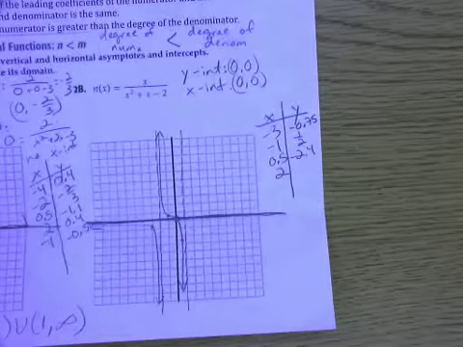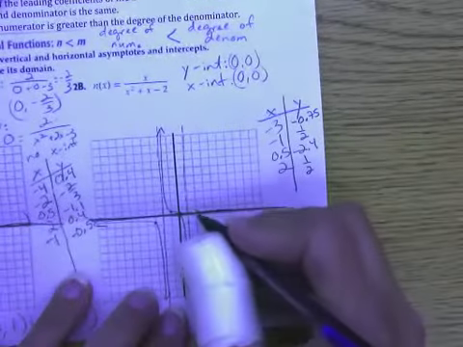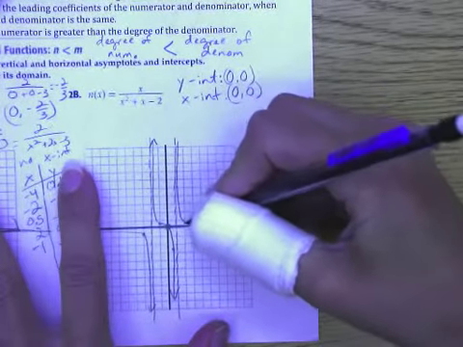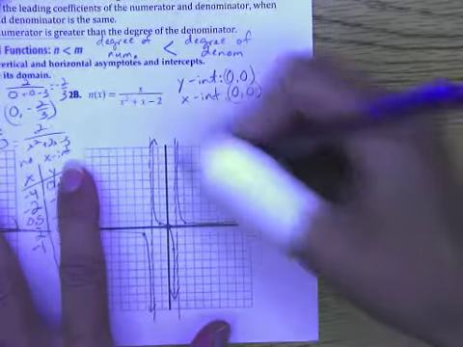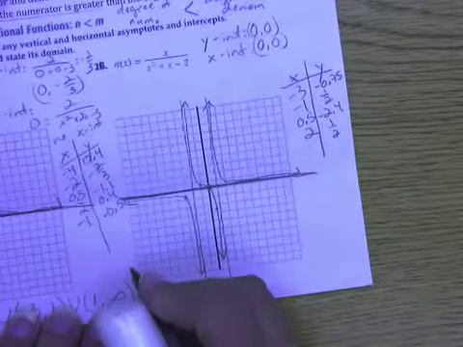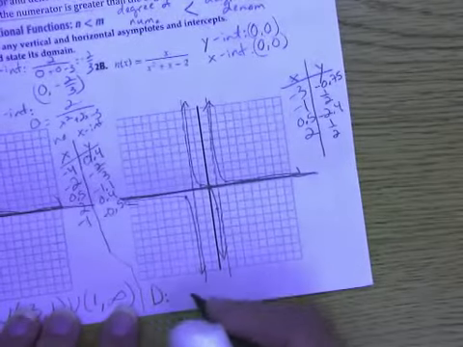And then finally I plug in 2. And that's 1/2. So 2, 1/2 is here. So hug the asymptotes accordingly.